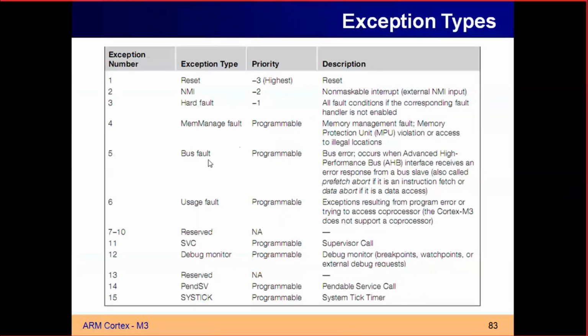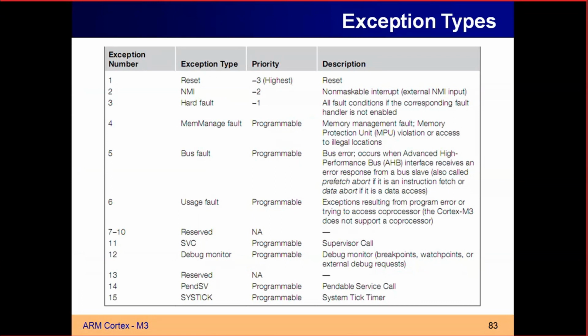These are the 4 exception or fault conditions which are very important. Memory management fault or hard fault will be generated when the corresponding fault handler is not there. Memory management fault will be generated if an MPU violation is happening.